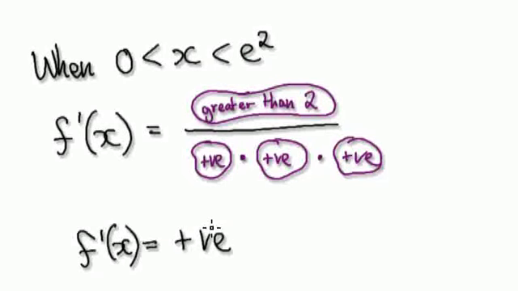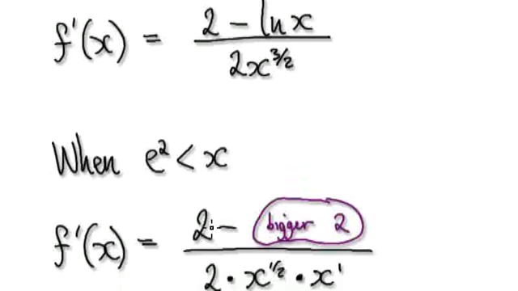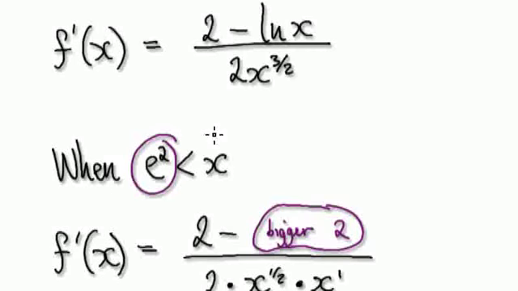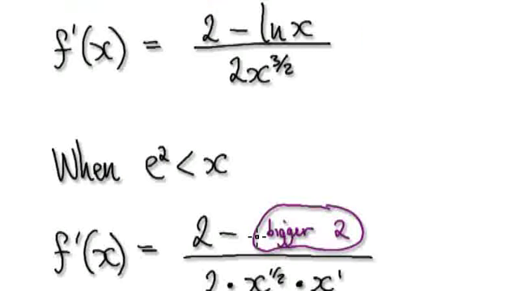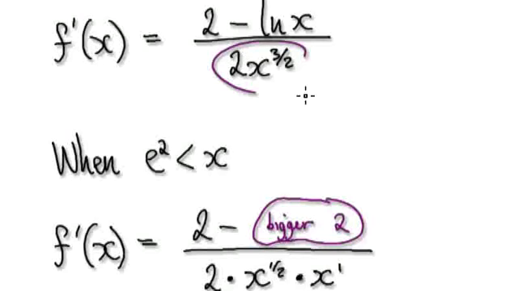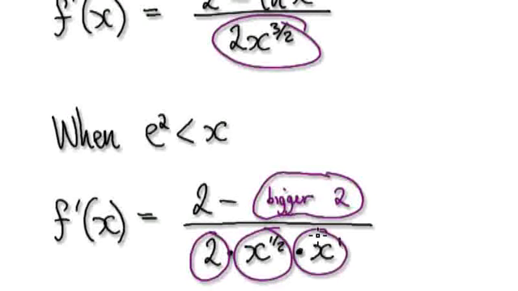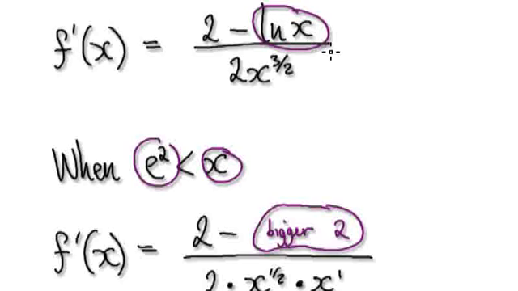Okay, and now consider the region where x is greater than e squared. Our f prime of x is this. Visualize it as this times this times this. When x is greater than e squared, this thing here will be bigger than 2.